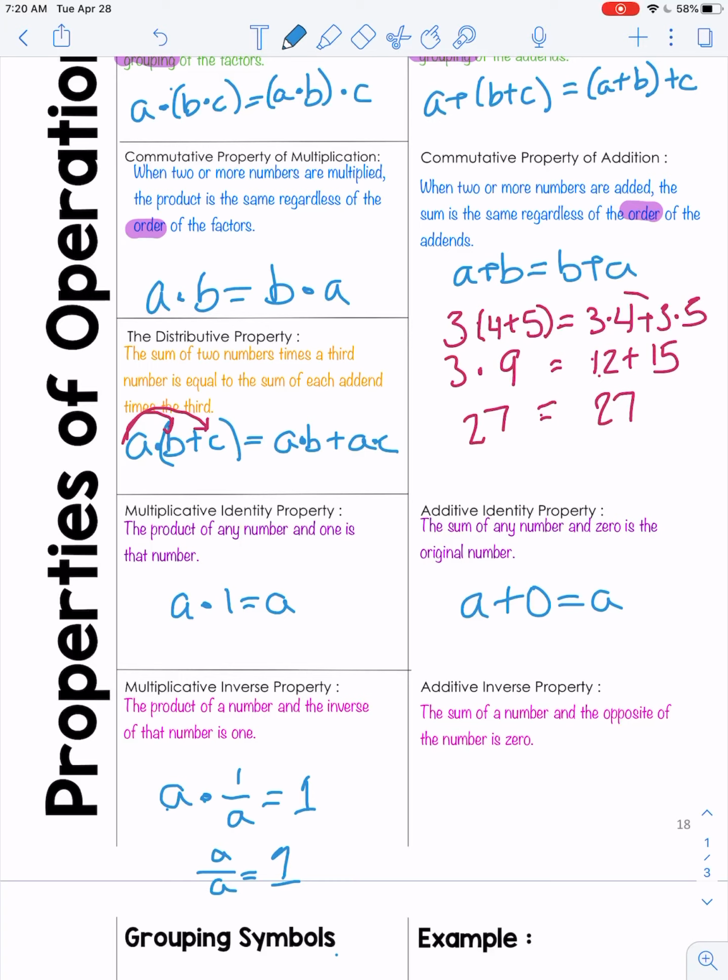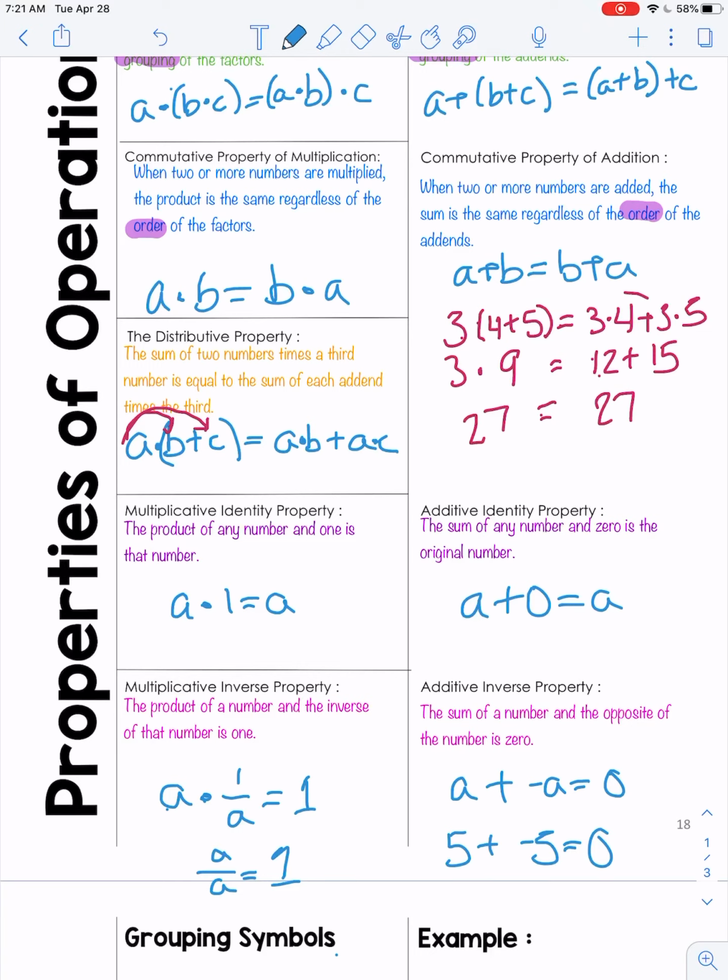So our number plus its opposite, which would be its negative, or if it was negative, its positive, would be 0. So let's look at that. It's like 5 plus negative 5, which equals 0. So those are our properties of multiplication and addition.